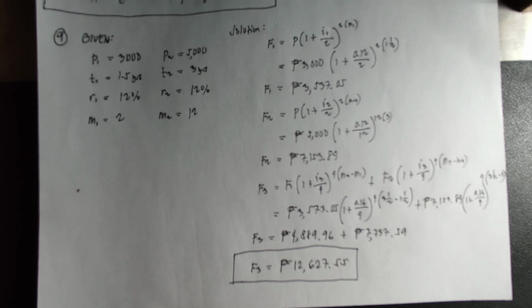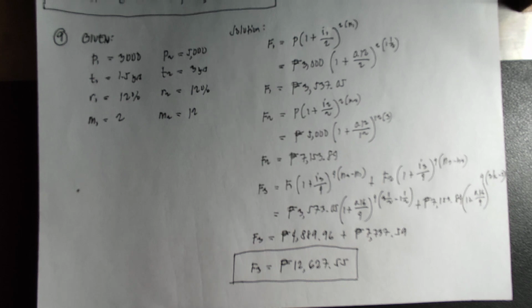So substitute all the values. 3,573.05 pesos multiplied to the quantity of 1 plus 0.16 over 4 raised to 4 multiplied to the quantity of 3 halves minus 1 halves, plus 7,153.84 pesos multiplied to the quantity of 1 plus 0.16 over 4 raised to 4 multiplied to the quantity of 3 and a half minus 3.